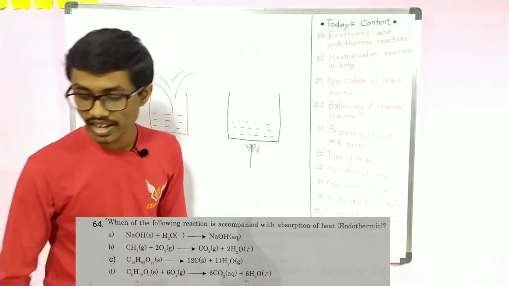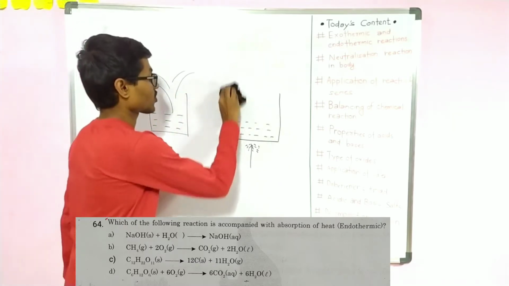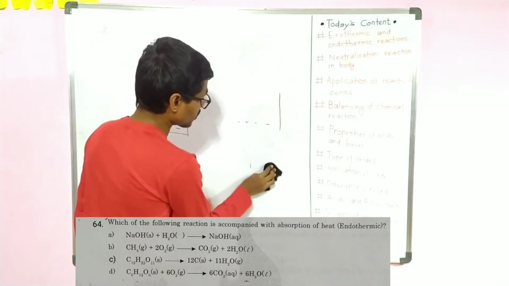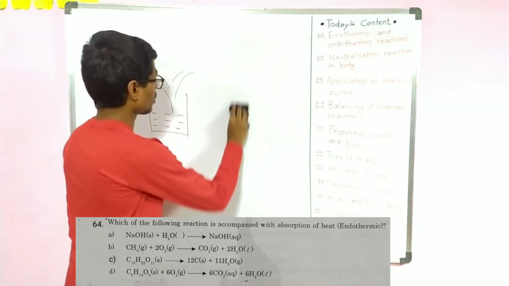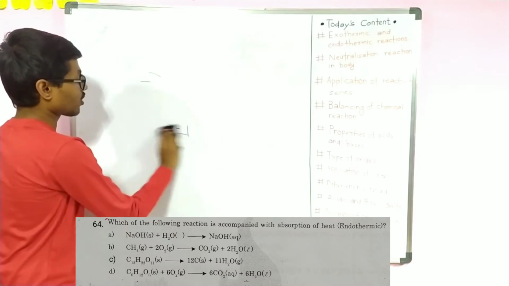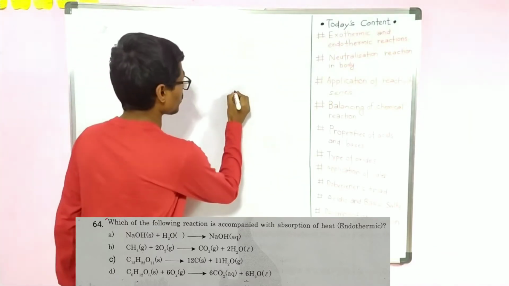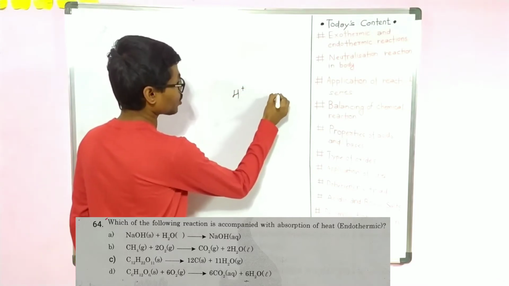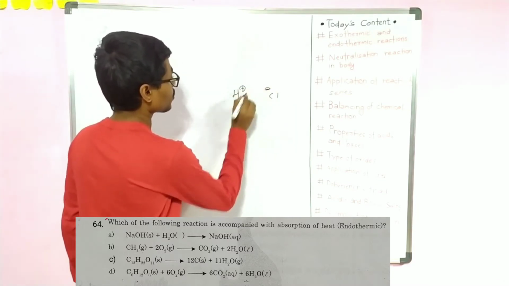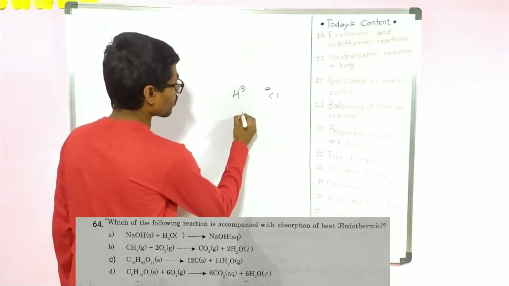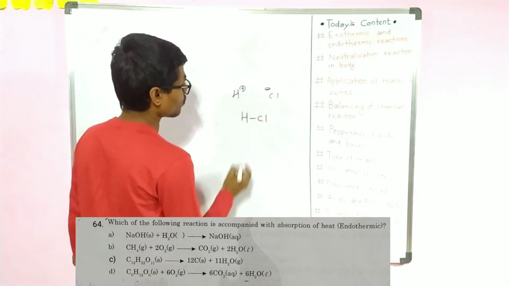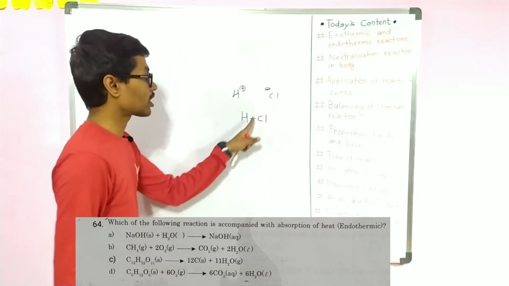Endothermic and exothermic reactions can be governed by formation of bonds. Now what are bonds and how does bond formation take place? Suppose I have H plus and Cl minus. If I combine these two, HCl will form, and this bond is an ionic bond between them.